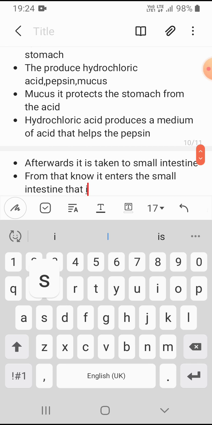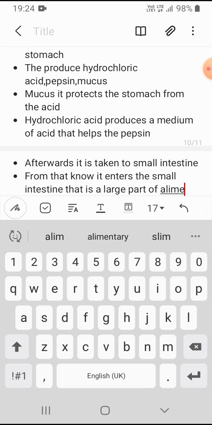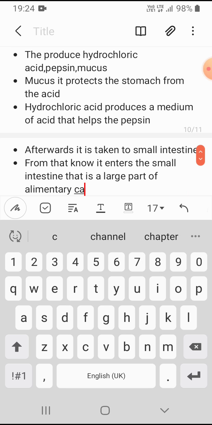That is a large part of the alimentary canal or digestive system.